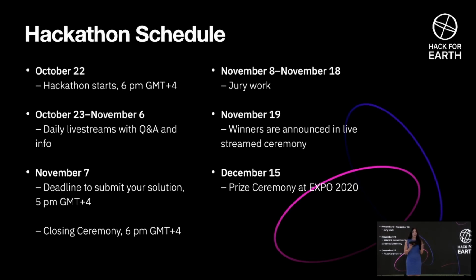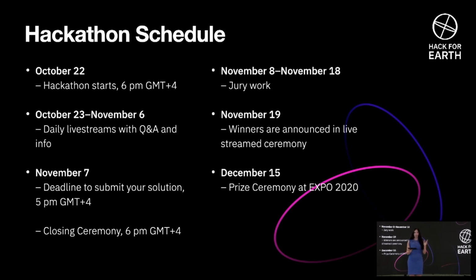And then November 7th, a very important date. This is the day of the deadline for turning in your solution. November 7th is also the closing ceremony. So remember that. And November 19th is the next date, because on November 19th, the winners will be announced in a live stream.